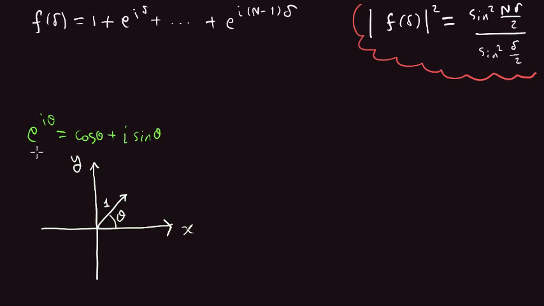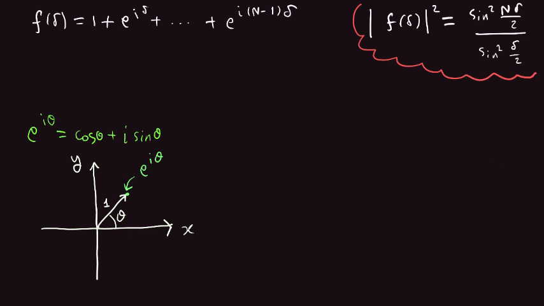So a complex number is a vector, and this vector with length 1 and angle theta is what in complex number is called exponential i theta. It's as simple as that.